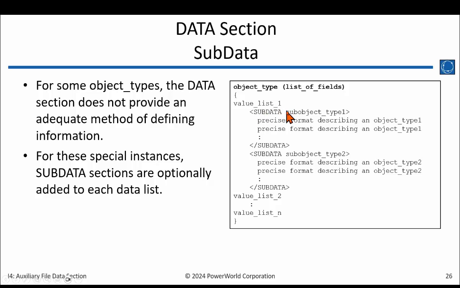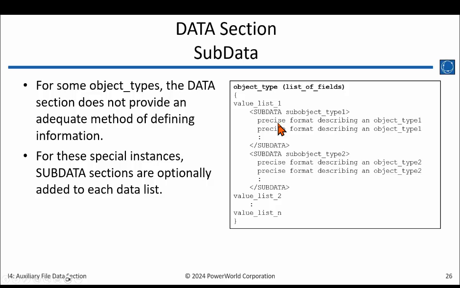I know contingencies are one where it could also be expressed as 2 different object types. So there'd be an object type for contingencies and then one for contingency actions. And then by reading both of those in together, you would get all of the information needed to describe the contingency.